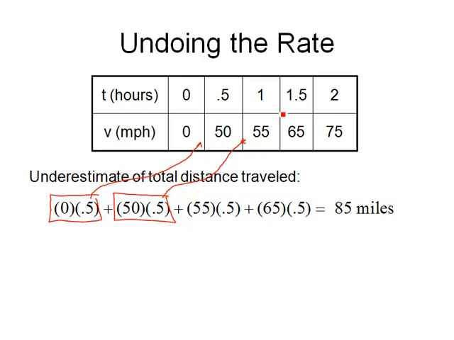From 1 to 1.5, I have a choice of either 55 miles per hour or 65 miles per hour. I'm going to pick 55. And then over the last interval from 1.5 to 2, I have a choice of either 65 or 75, and I'm going to go ahead and pick 65.